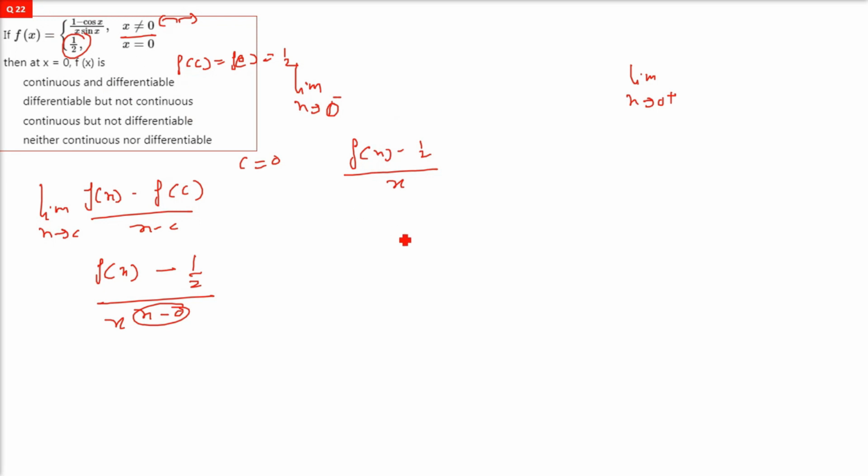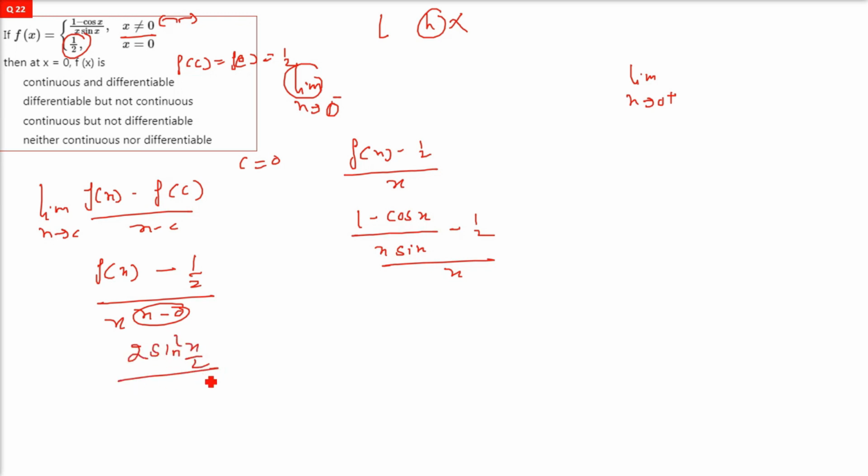So what you can do here is, this is (1 minus cos x) by (x sin x), that you have to put in place of f(x), minus half divided by x. Now you can apply the limit, that is 0 minus h, 0 plus h you can use, but you won't require it. I'll just show you how you can get it done without using that.